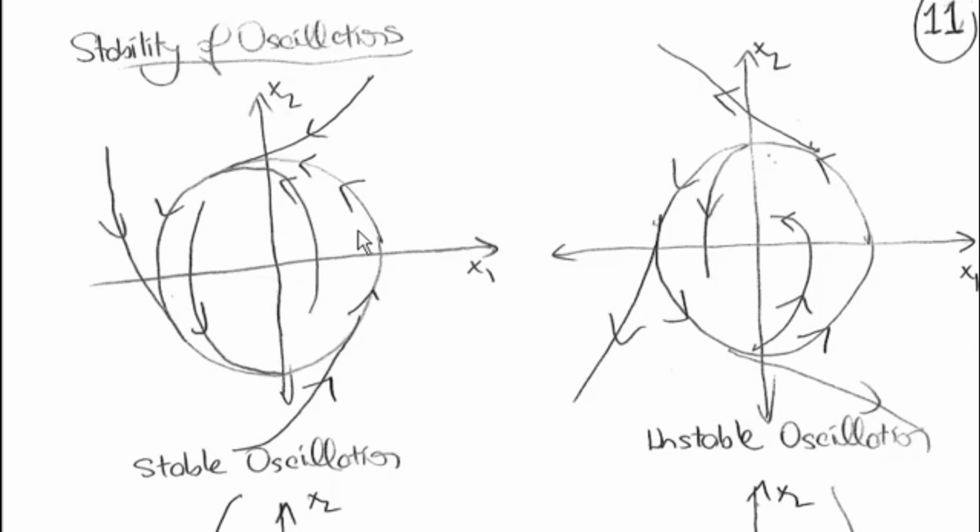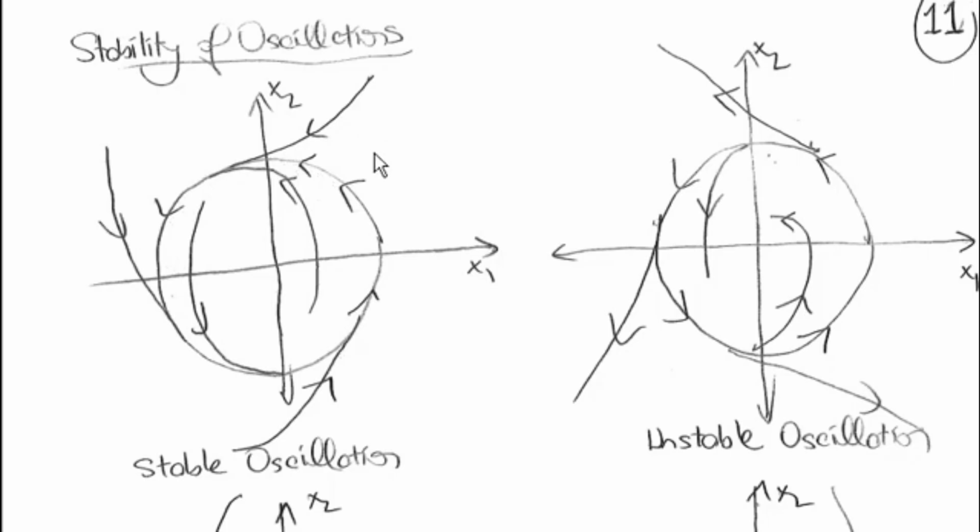So if I start the system anywhere inside the circle, close to the oscillation, the dynamics of the system is going to take the trajectory back to the original limit cycle.